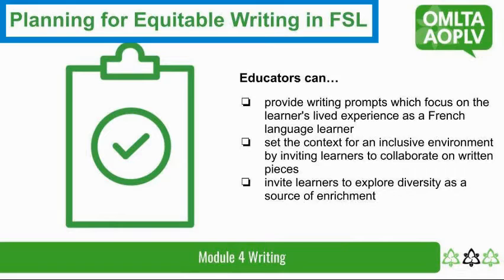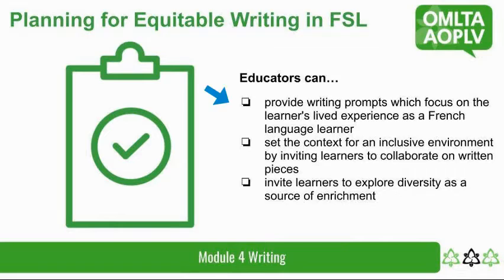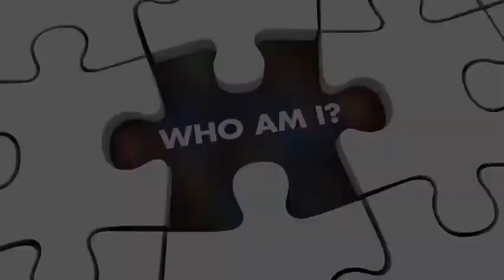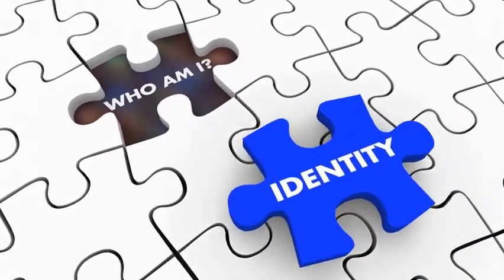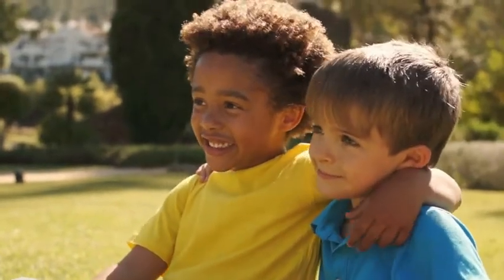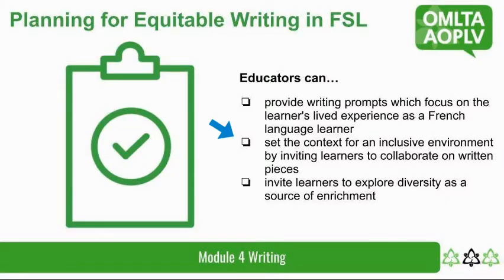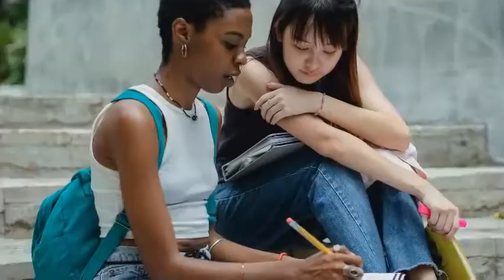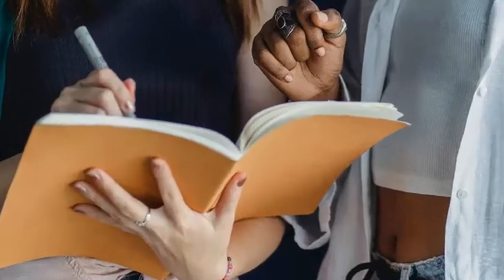Educators can plan equitable writing opportunities by providing writing prompts which focus on learners' lived experiences. This will allow them to develop their sense of self and personal connections while potentially getting to know other learners' experiences and cultures. Educators can set the context for an inclusive environment by inviting learners to collaborate with them on written pieces, using shared writing as a framework.